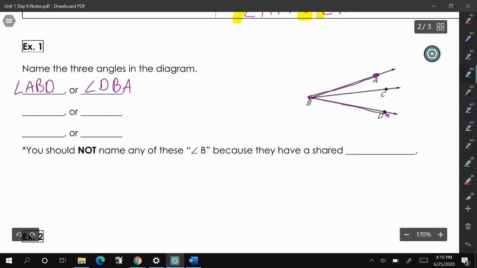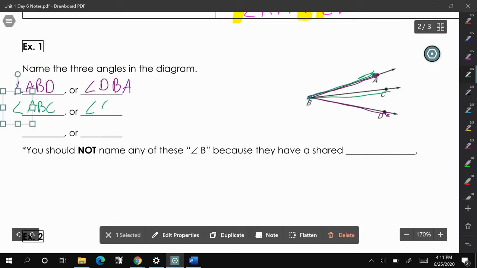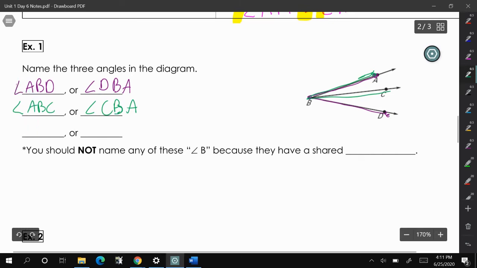We have each part of this now, angle ABC or angle CBA. And then we have angle CBD, or angle DBC.